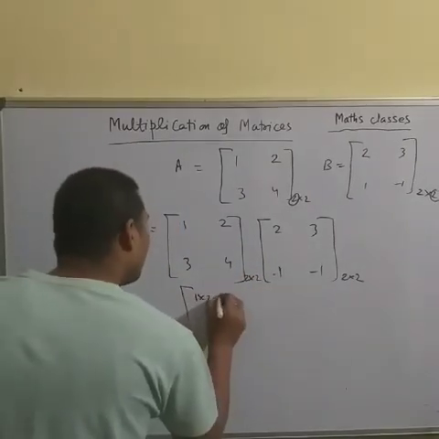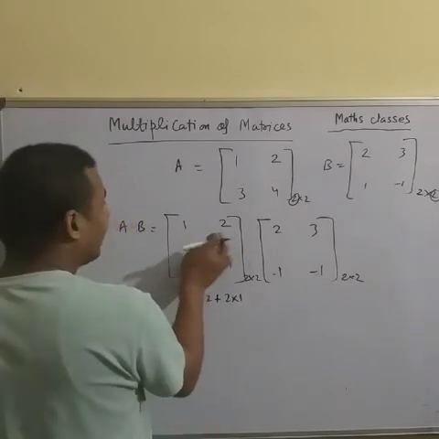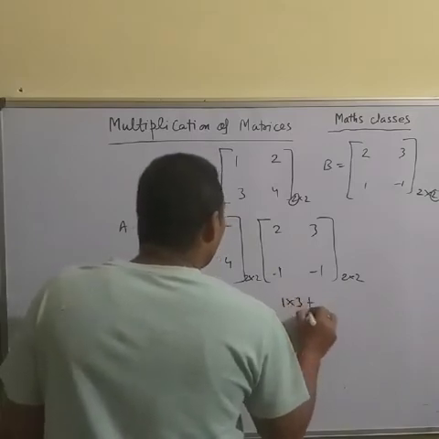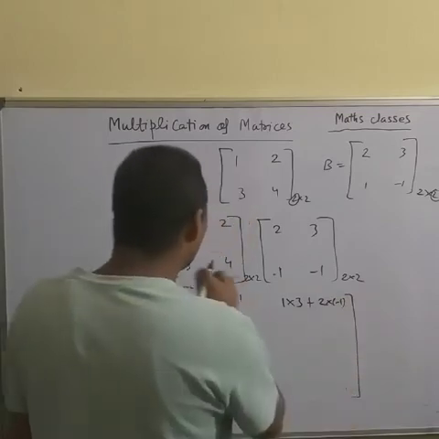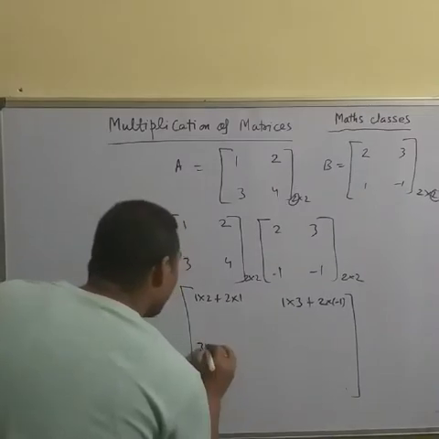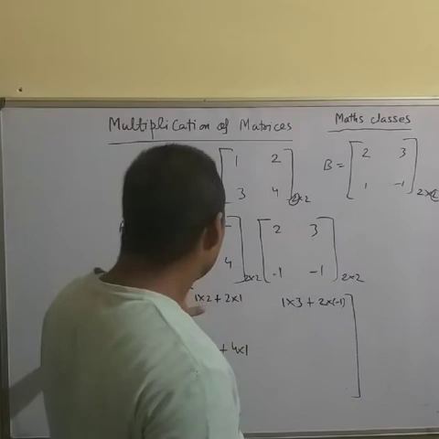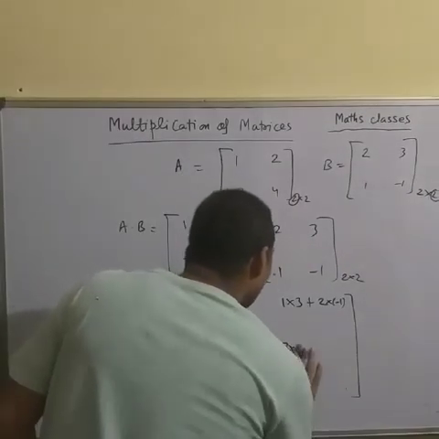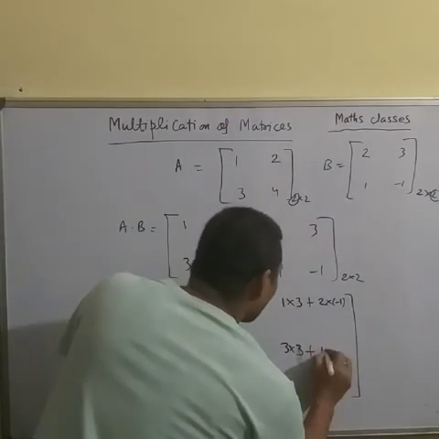This is the first element. Again, 1 multiply 3 plus 2 multiply minus 1. Again, 3 multiply 2 plus 4 multiply 1. Again, 3 multiply 3 plus 4 multiply minus 1.